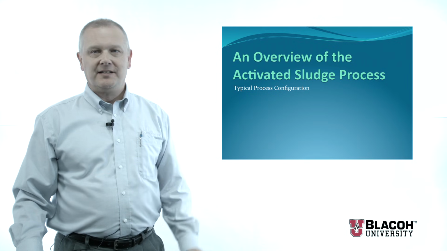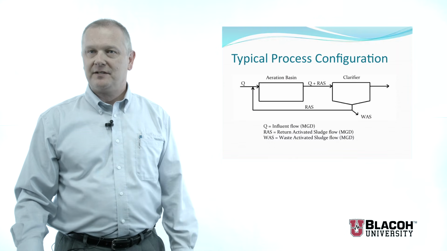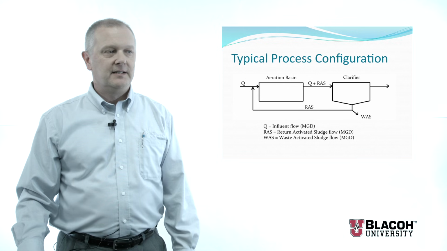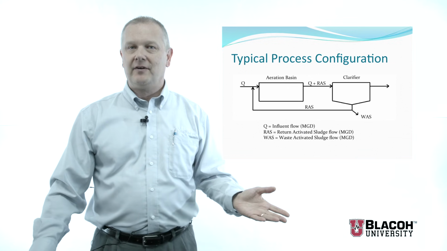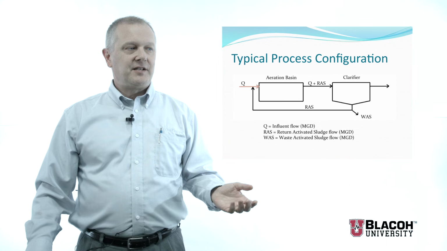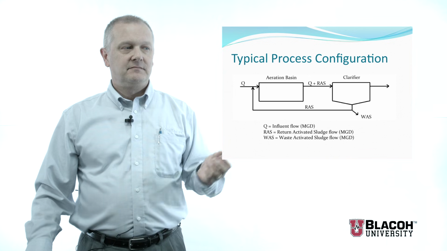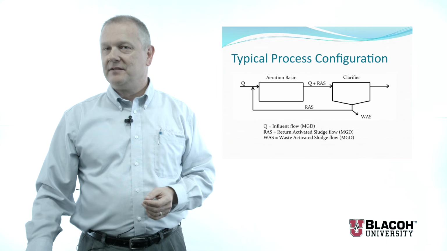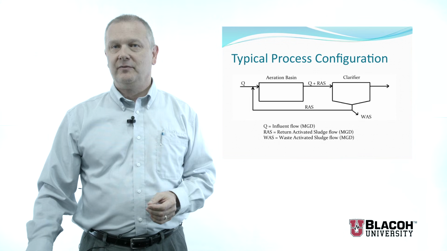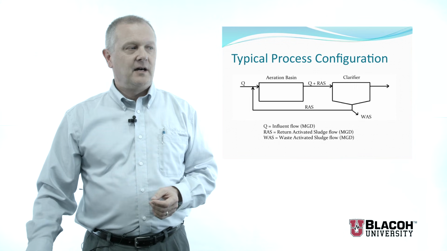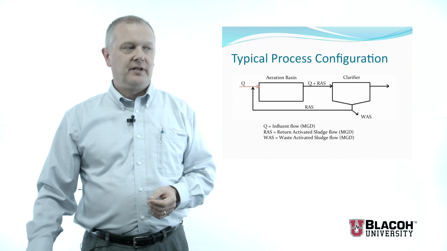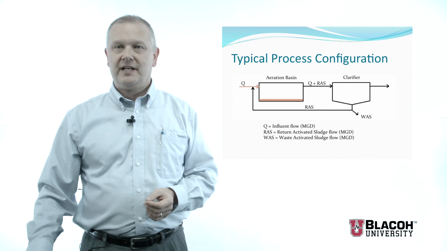All right, let's talk about a typical activated sludge system and what that looks like. This is just a very simple diagram. Basically, we have a large tank we call an aeration basin, and we have a clarifier, which is a settling basin. Our flow comes in to the aeration basin, fills that up.